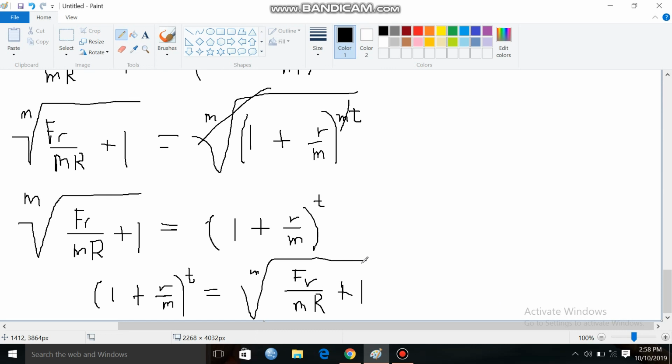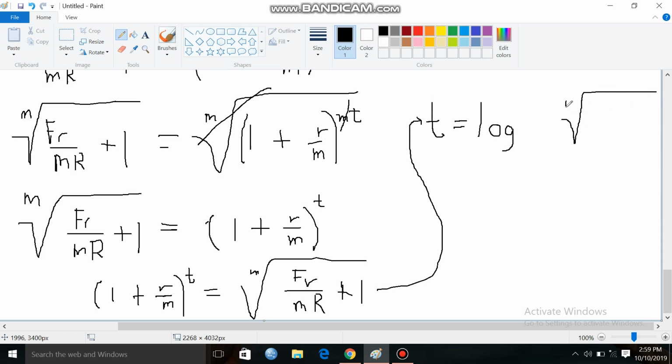Then finally we use the concept of logarithms and exponents to write the formula of the time in years. So t equals the logarithm of this expression, the nth root of Fr over mR plus 1, with base 1 plus r over m.